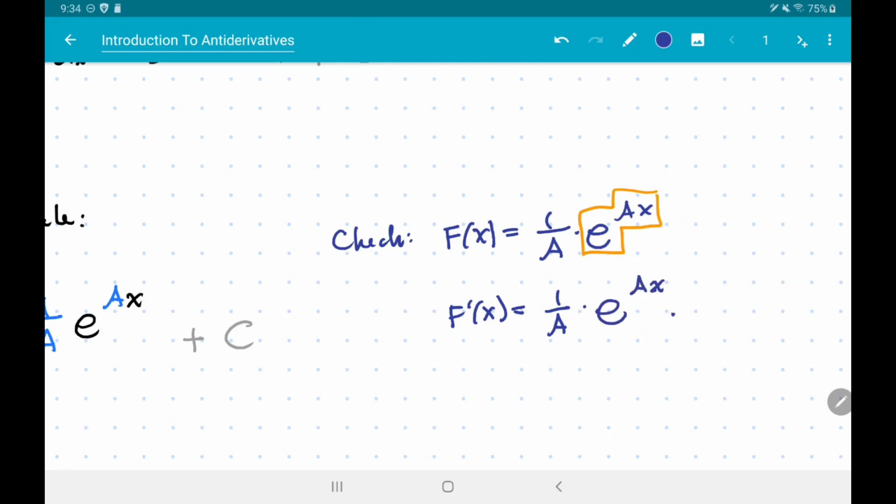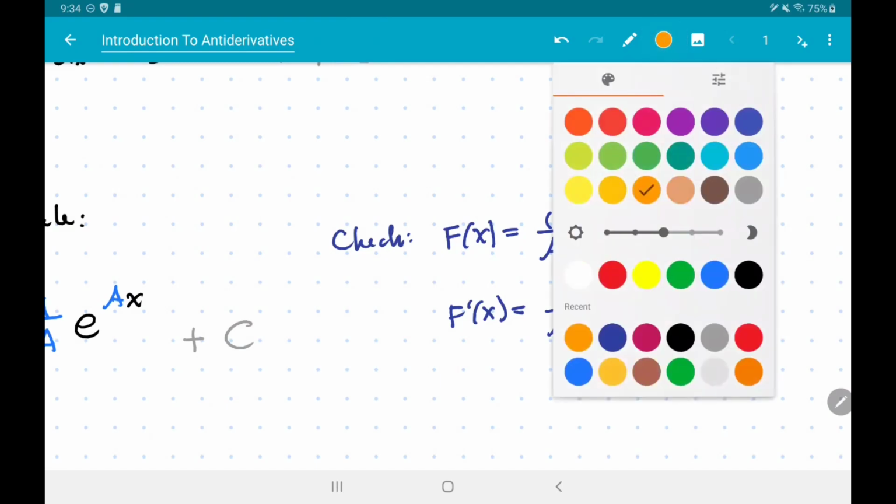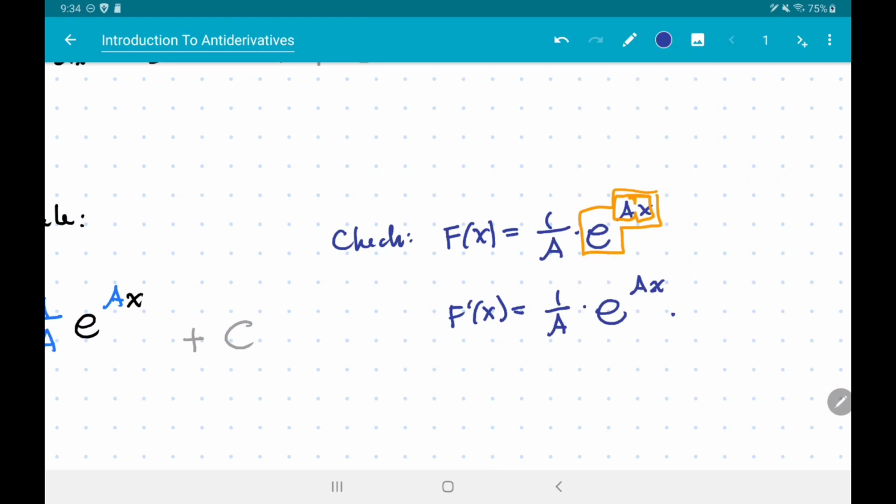But then since the stuff up here has another operation in it, we have multiplication of the constant a times x, we need another term, we need a chain rule term, and that's the derivative of ax. And the derivative of ax is a.